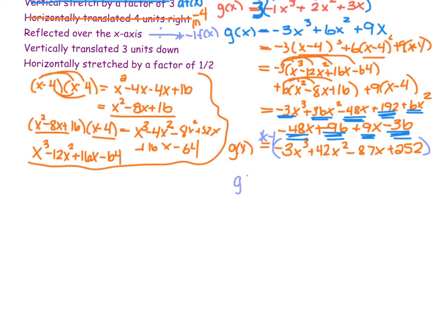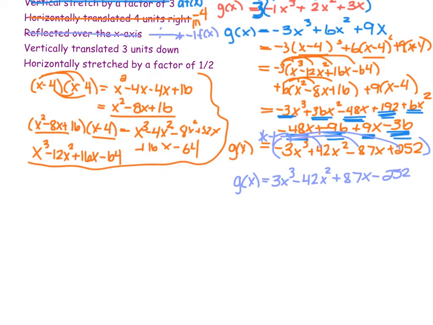So that changes our g of x value to be 3x cubed minus 42x squared plus 87x minus 252. So as we distribute out that negative 1, all it does is flip the sign of each term on the inside. So that one is now complete.